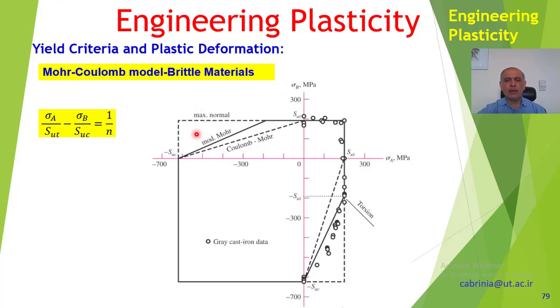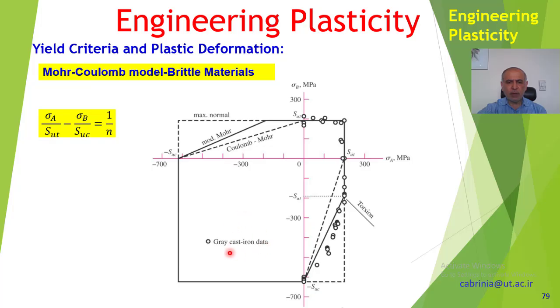And as you can see, we have plotted some points. These are the experimental points for brittle materials. That's the torsion line, and these are the values of SUT and SUC. Now, this is for gray cast iron.